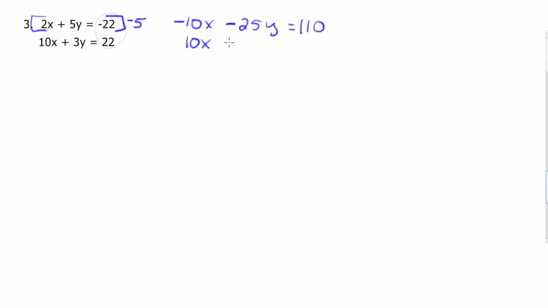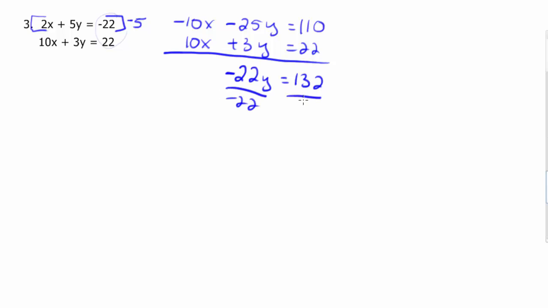We don't have to change that one. Now our x's can cancel and we're left with negative 22y equals 132. Divide by negative 22, and y equals negative 6.